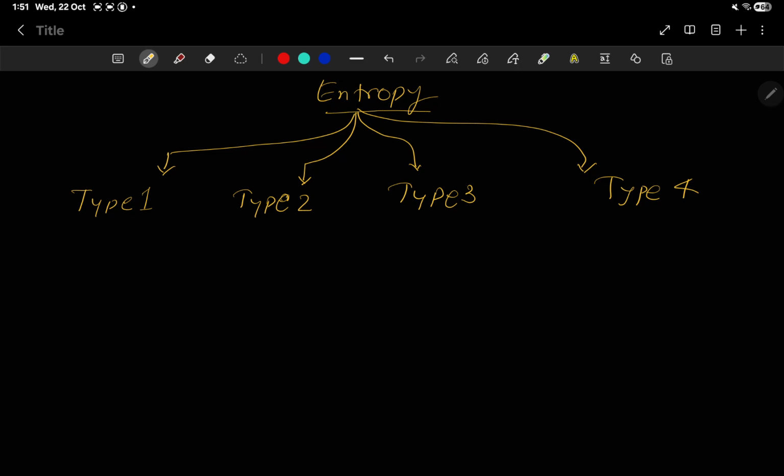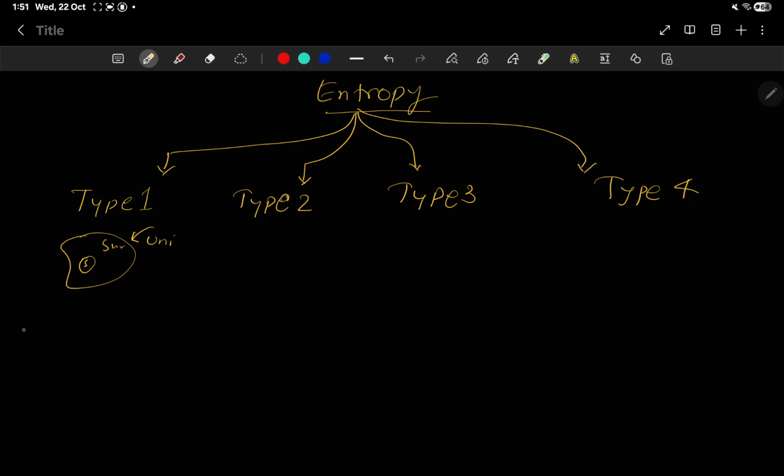Okay, so in type 1, what we have discussed is that it will be for a universe, and here we have one system and here we have surrounding, right? So what will be the governing equation for this?